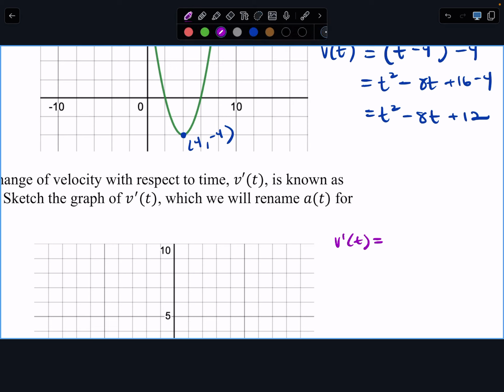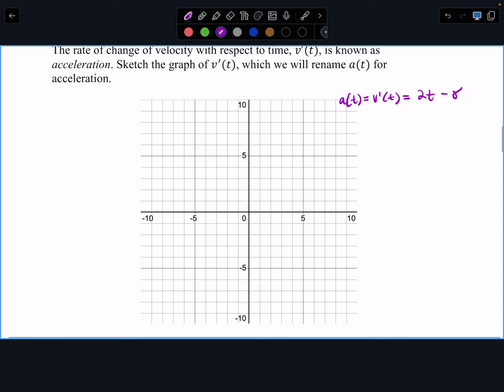So v prime of t, thinking about power rule, would end up being 2t minus 8. So v prime of t is what we could call a of t for acceleration if you wanted to, since I reference a of t. So then graphing a of t, this is going by 1, so that would be -8, and then a slope of 2.